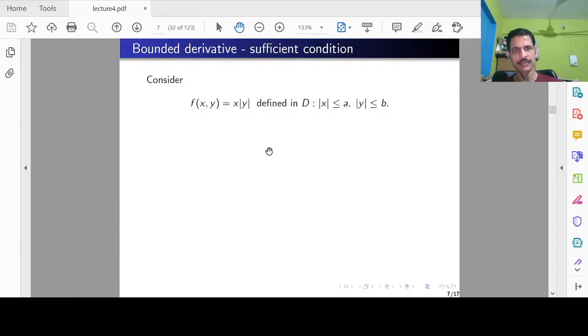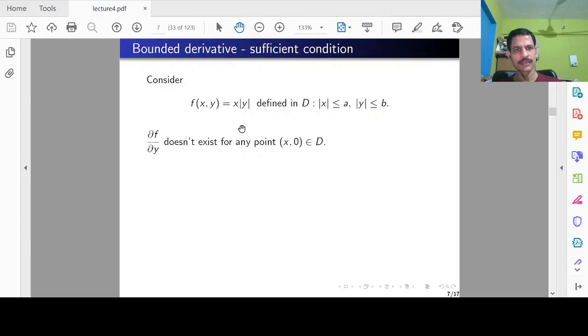Here is an example. The function f on two variables x, y on the domain D, where the domain D is the rectangle, namely modulus of x less than or equal to a, modulus of y less than or equal to b. So function f of x, y is defined to be equal to x times modulus of y on this domain.